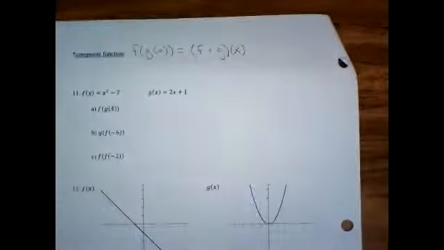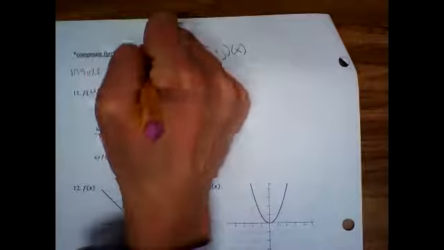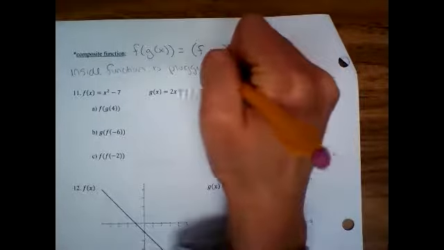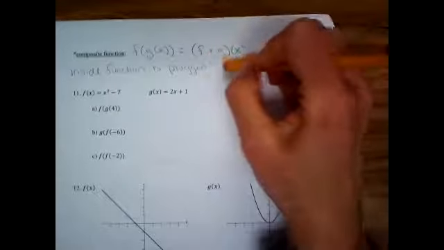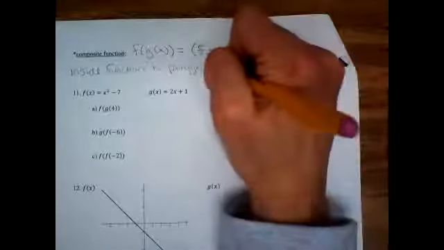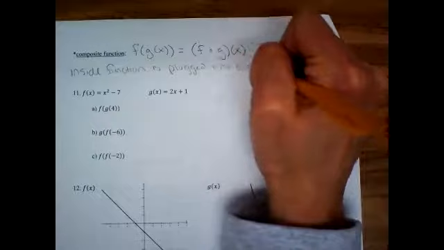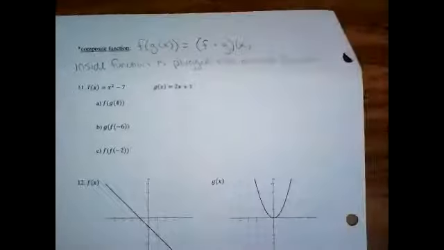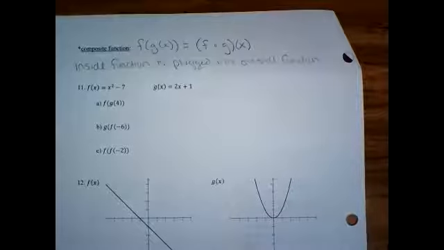Okay, so your inside function is plugged into the outside function. So you're not multiplying them together. One is actually getting plugged into the other.